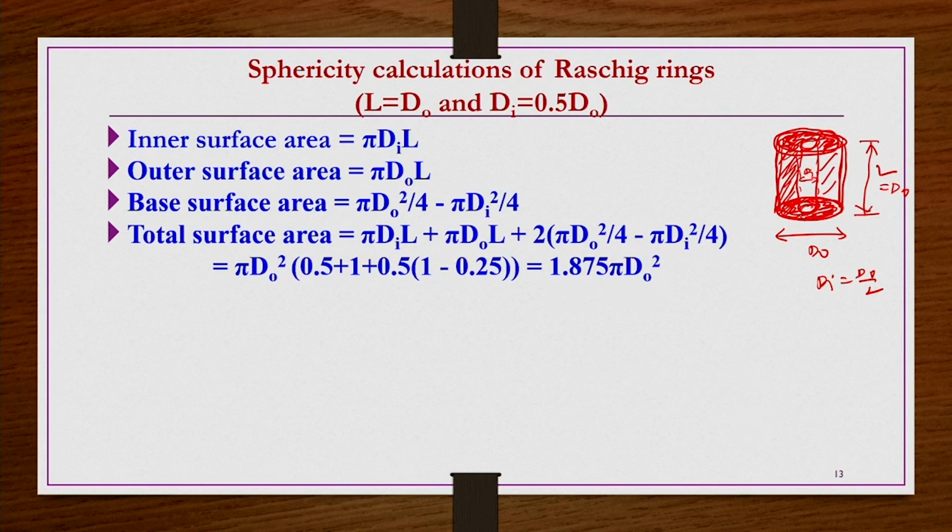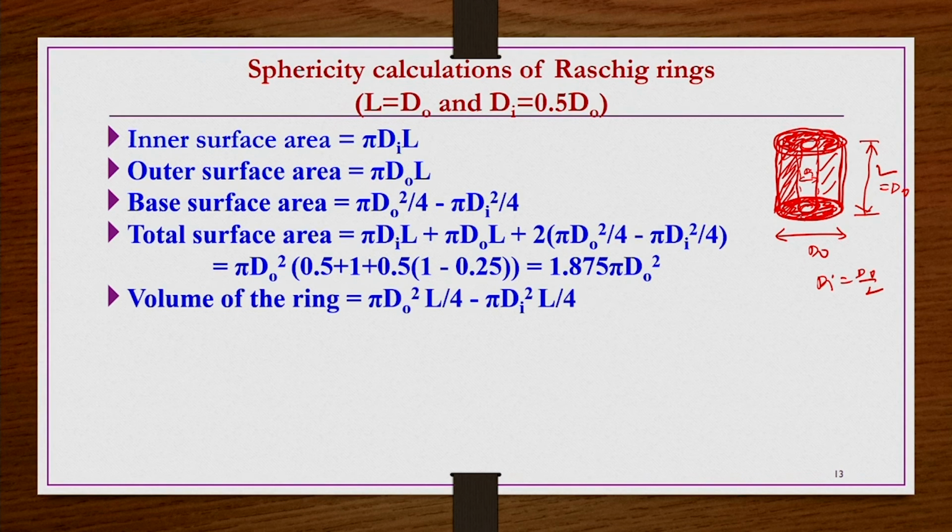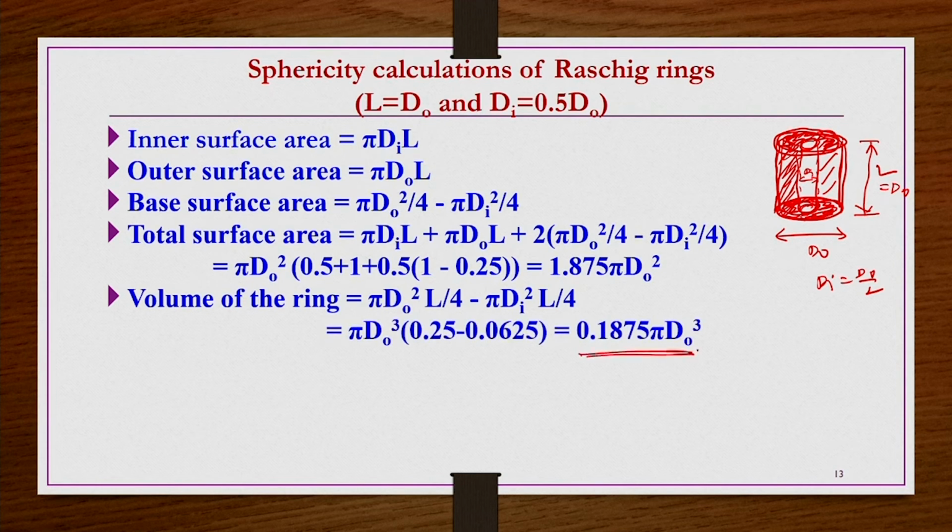Similarly, the volume of this Raschig ring is the volume of the outer cylinder minus the volume of the inner cylinder, that is pi d naught square L by 4 minus pi di square L by 4. With L equals d naught and di equals d naught by 2, you get 0.1875 pi d naught cube.